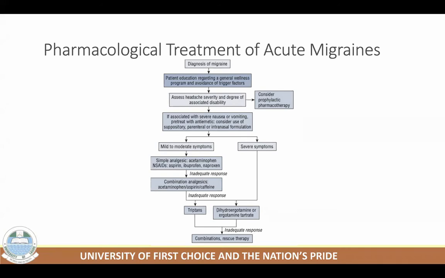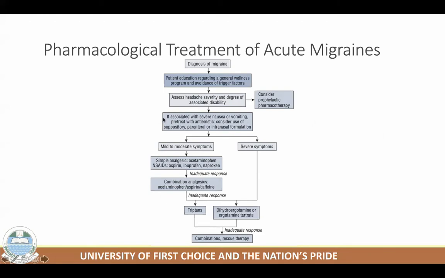They also want to know how frequently you're having the headaches, if it's just one-off or all of the time. That helps to decide if there's a need for prophylactic pharmacotherapy.